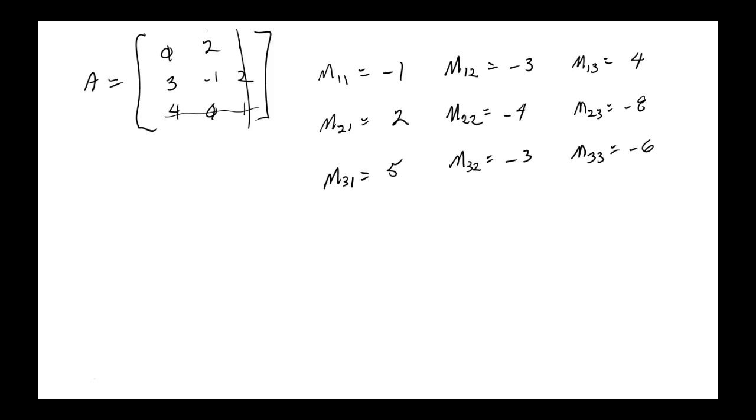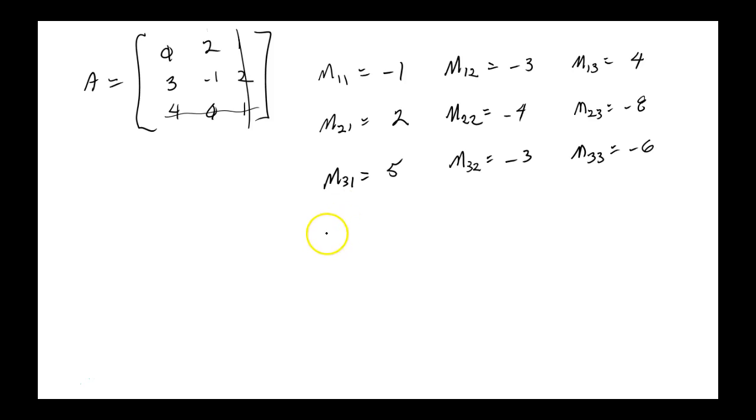Now the cofactors are exactly those same numbers, but possibly with different signs. Rather than do the i's and the j's, let's just do them the way I said before.